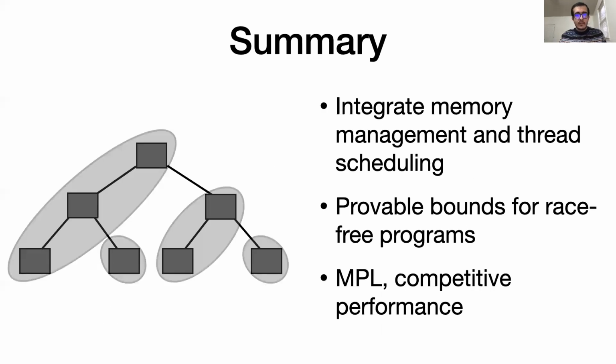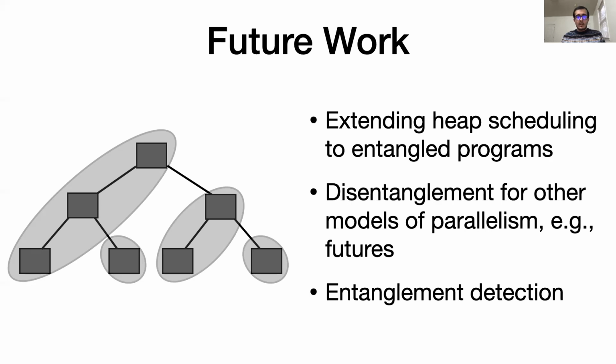Let me summarize. By this idea of a heap scheduler, we show a way to integrate memory management and thread scheduling. We show provable bounds for race-free programs and show that it is feasible for parallel functional programming to compete with procedural code. A natural question is, can we extend heap scheduling to entangled programs?